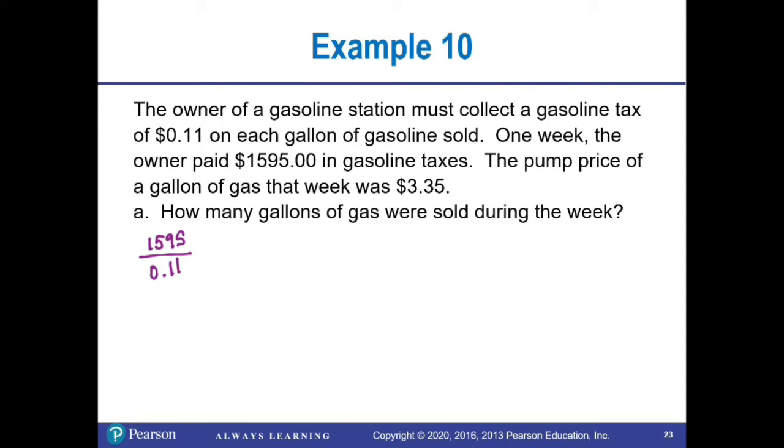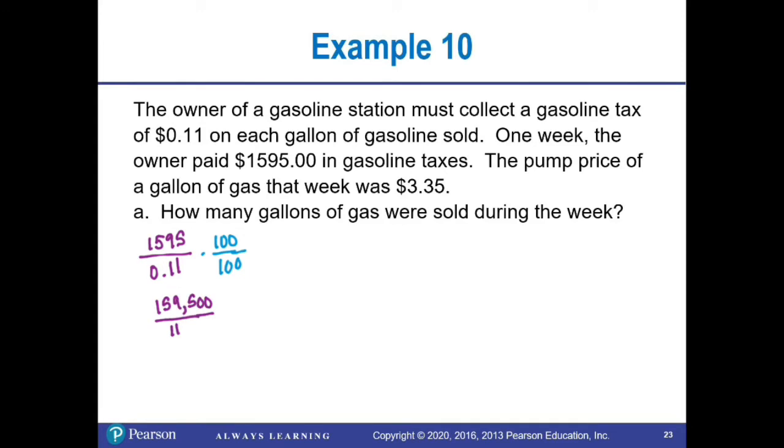We have 11 hundredths in the denominator, so I'll multiply the denominator by 100. That gives me 11 in the denominator. If I multiply the denominator by 100, I also have to multiply the numerator by 100. 1,595 times 100, you can use your scratch paper, or when I multiply by 100, that moves my decimal place 2 places to the right.